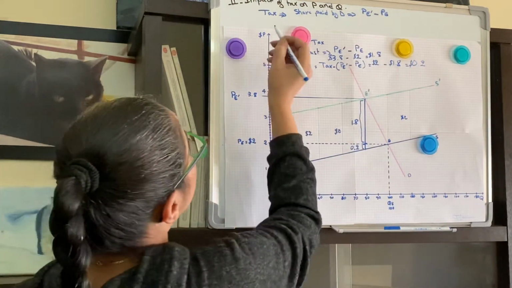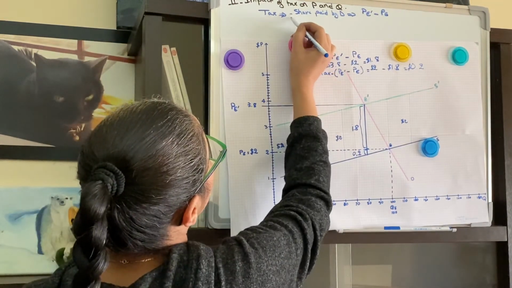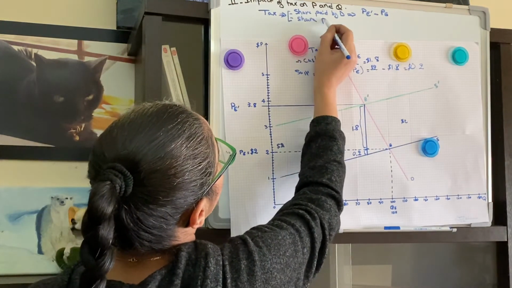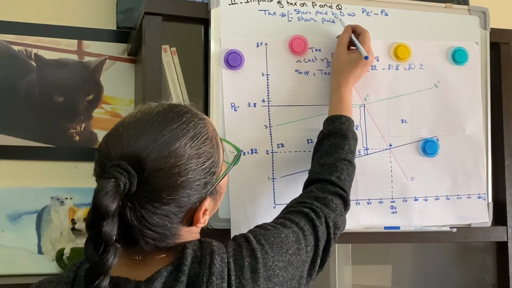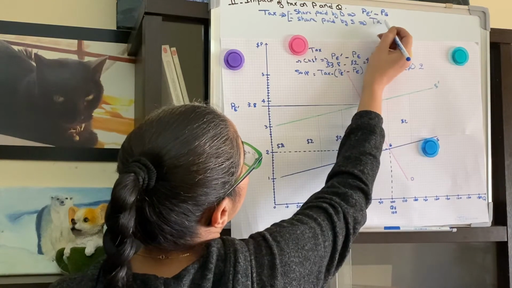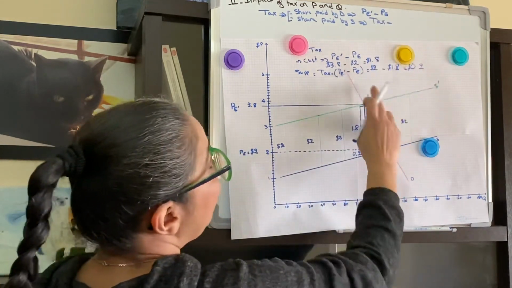Then the share paid by supply is going to be the tax minus whatever the demand paid.